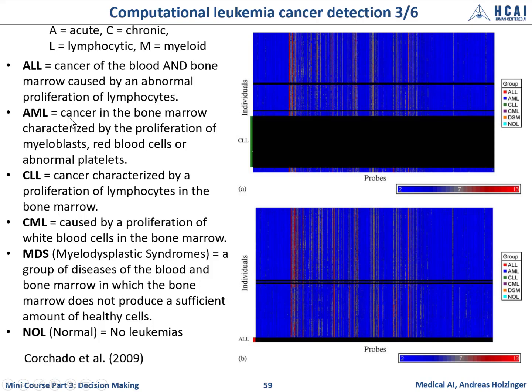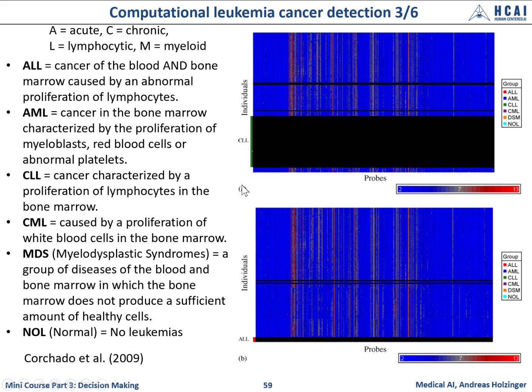So for example, this slide shows the classification performed for patients from different groups. For example, the CLL group is a cancer characterized by proliferation of lymphocytes, or this ALL is a cancer of blood and bone marrow caused by an abnormal proliferation of lymphocytes. So the classification is now obtained for all patients and for the CLL patients.